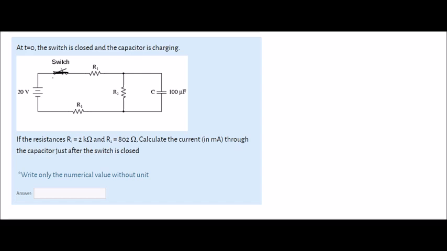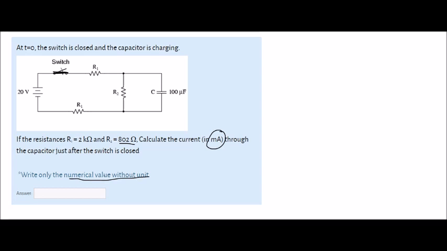So we close the switch. Good. So we have this circuit. If the resistance R1 equals 2 kilo ohm, R2 equals 802 ohm, calculate the current in milliampere through the capacitor just after the switch is closed. Write a numerical value without unit.